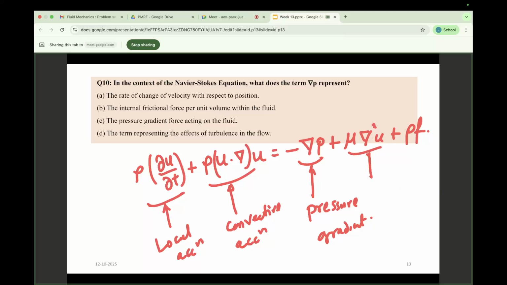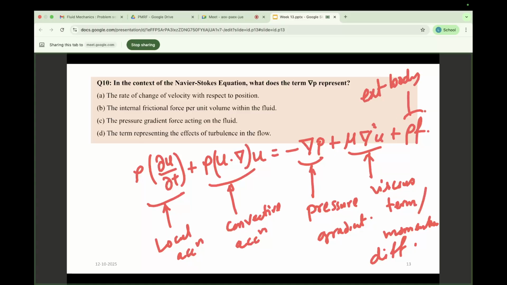This term is your viscous term or the momentum diffusive term, or also known as momentum diffusive term. And this one is the body force, external body force. Sometimes you will find rho g, that means only the body force.